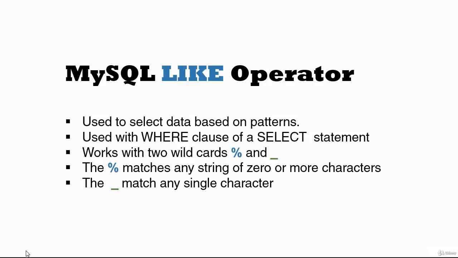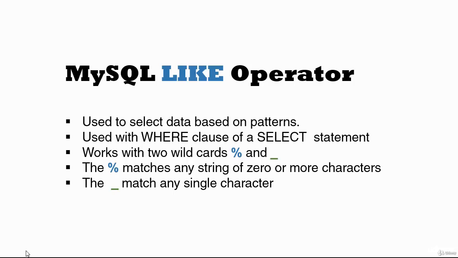When the LIKE operator is used with a %, it will search for a specified pattern on any string from 0 or more characters. It depends on where you place the percentage within the search criteria. The underscore, on the other hand, is used to match only a single character pattern.